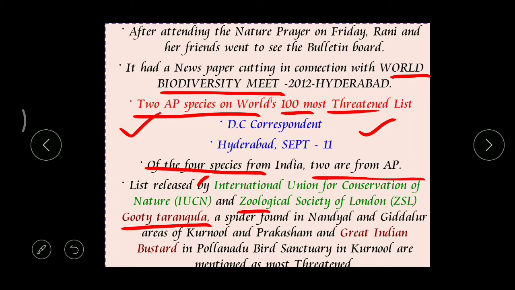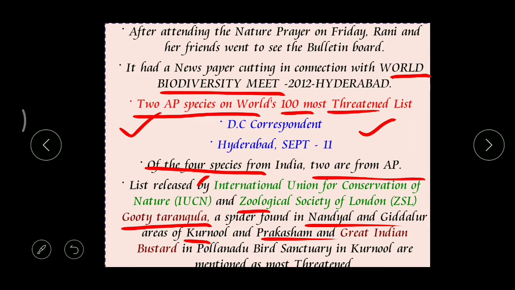Actually it is a spider, and we can see this spider in the Nandyal and Gidalur areas. Nandyal belongs to Kurnool, and Gidalur belongs to Prakasam district, right? These 2 areas are present in very deep forest, and in that forest we can find this spider, the Guti tarantula.